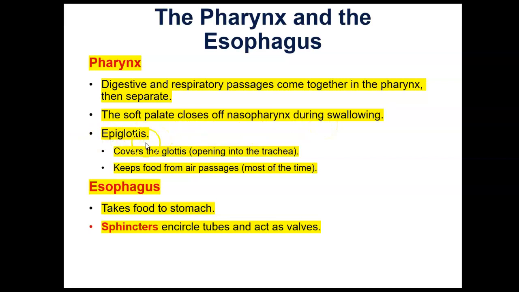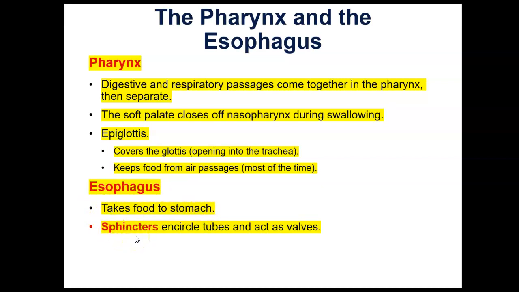And the epiglottis covers the glottis, which is the opening to the trachea or windpipe. So the epiglottis is what keeps food from going down the wrong way into our airways. And the food then passes from the pharynx into the esophagus, and the purpose of the esophagus is simply to take food to the stomach.